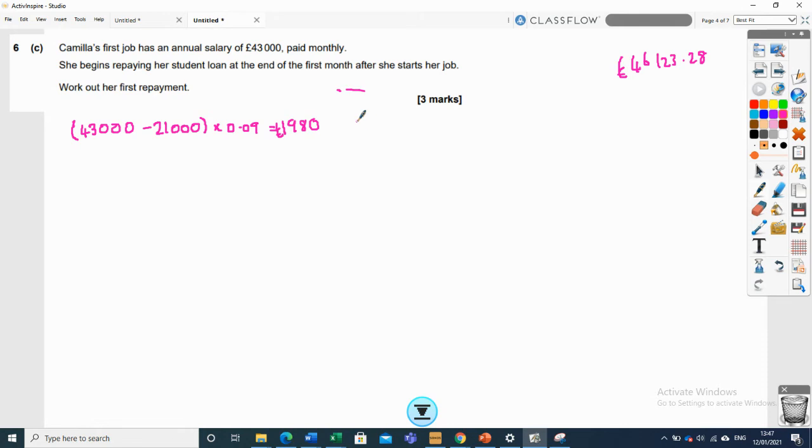Nice simple one. Oh, sorry, and it's monthly, isn't it? So 1,980 divided by 12, £165.